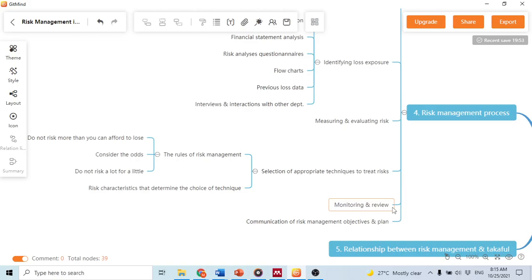Regular audits and policy and standards compliance should be carried out, and standard performance reviewed to identify opportunities for improvement. So this is the purpose. Monitoring and review is conducted through regular audits and compliance.